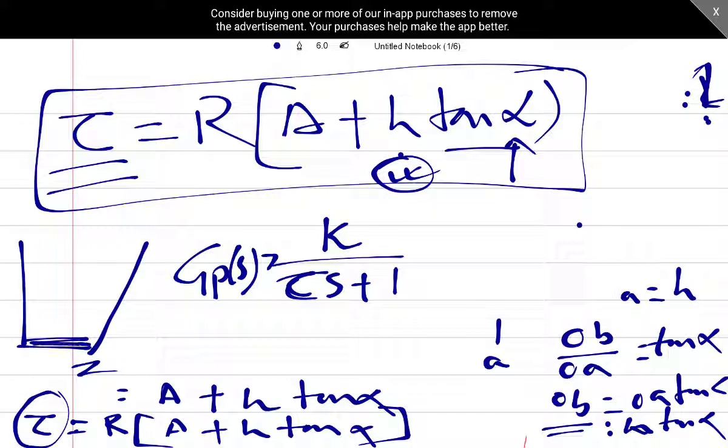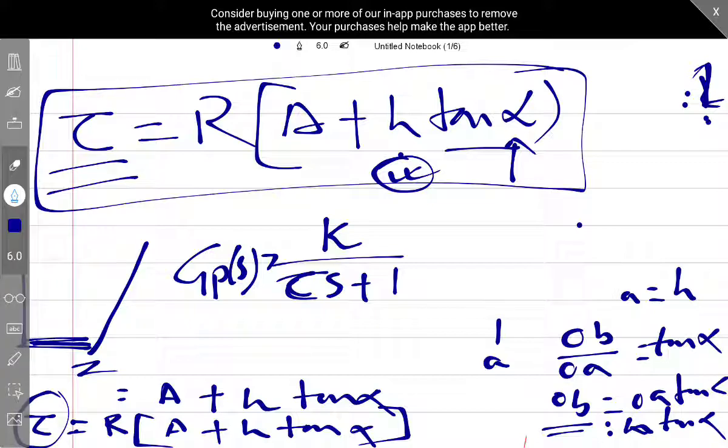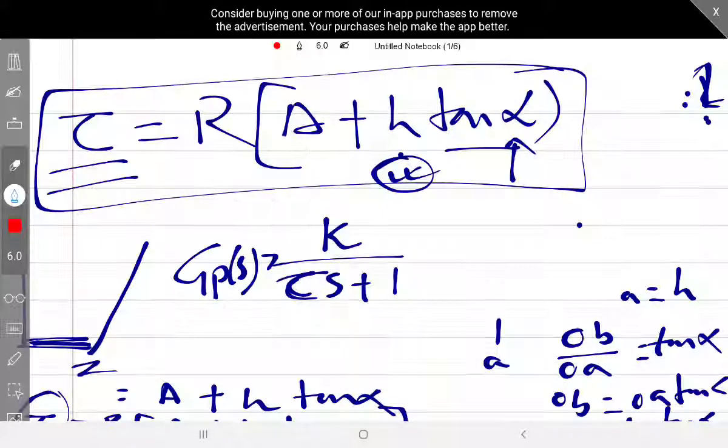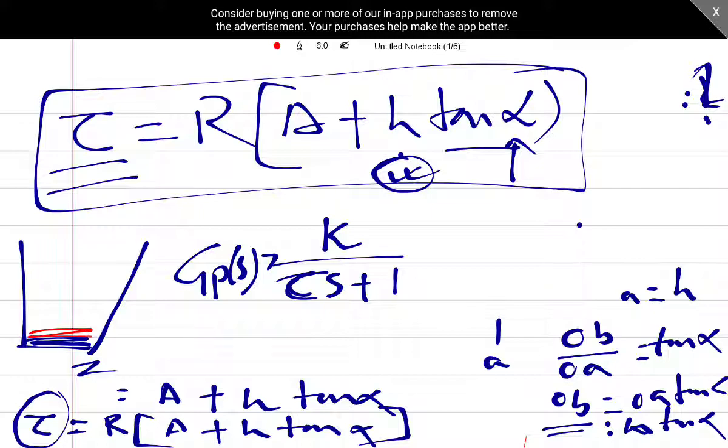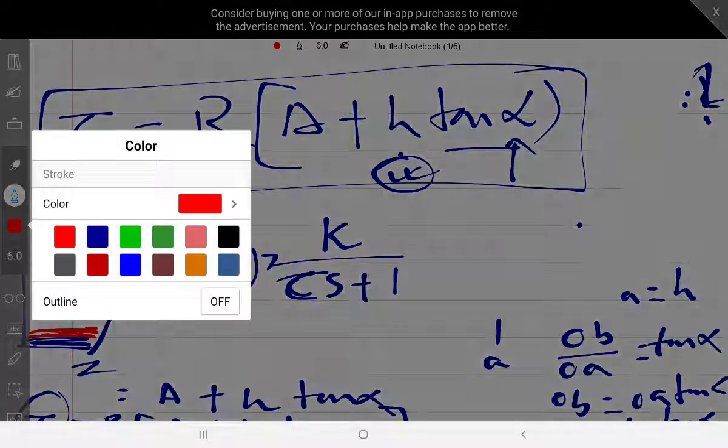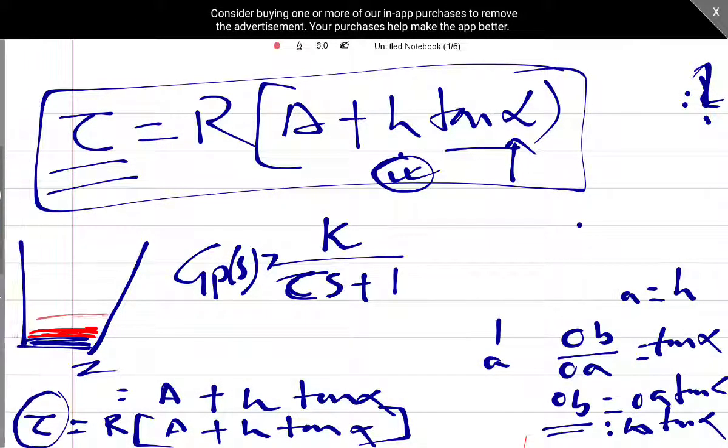Here you will observe one tau, here you will observe another tau, here you will get another tau.